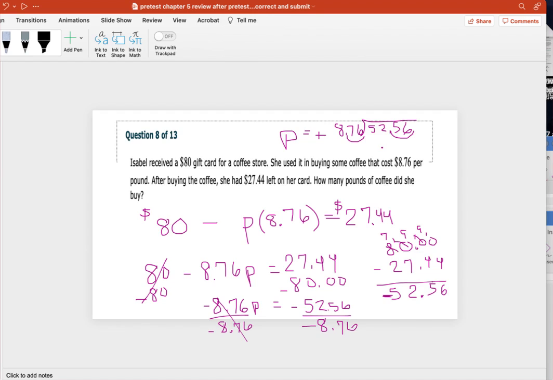So we're going to estimate by saying about how many times will 8 go into 52. And when we do that, we say, well, 8 times 7 is 56. So why don't we try a 6?